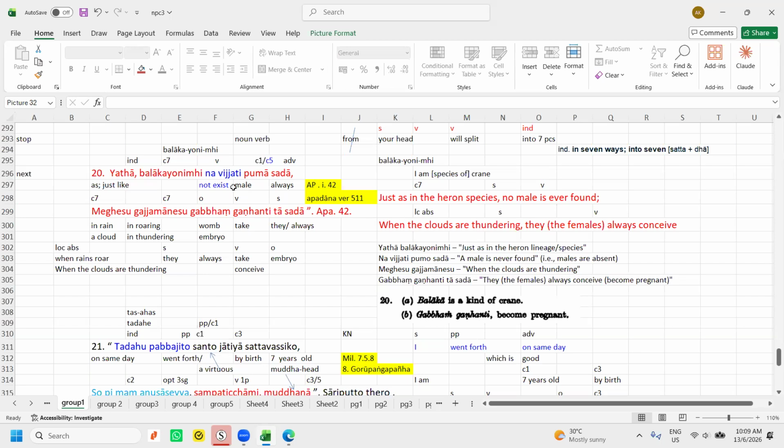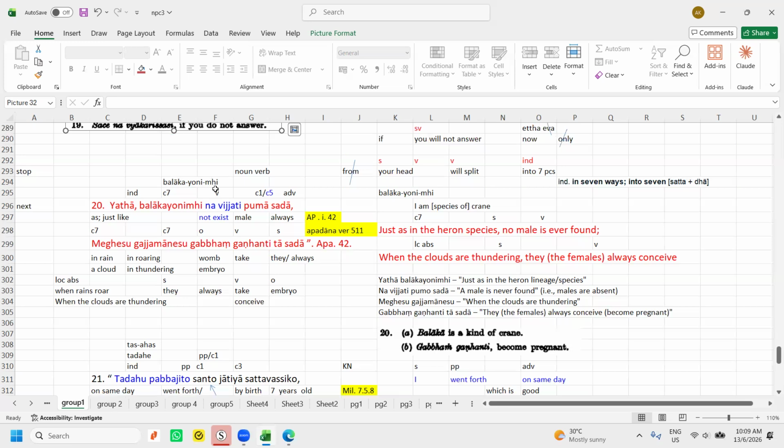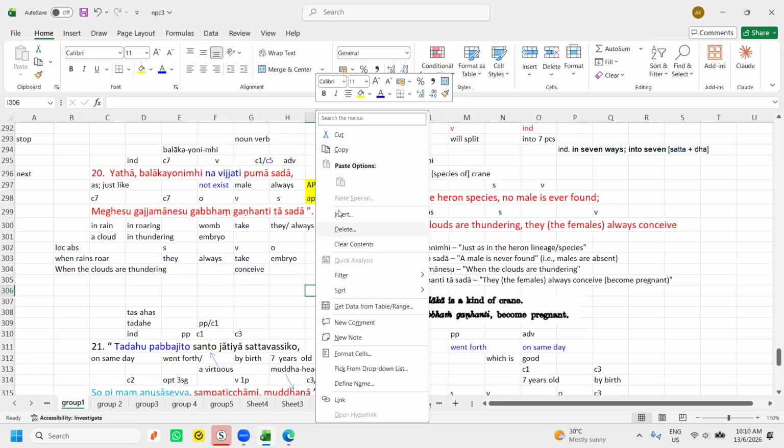Redo again. So let me redo it here. Locative, locative, locative. I need a line here. Let me put a line here. I'm going to put a line here.